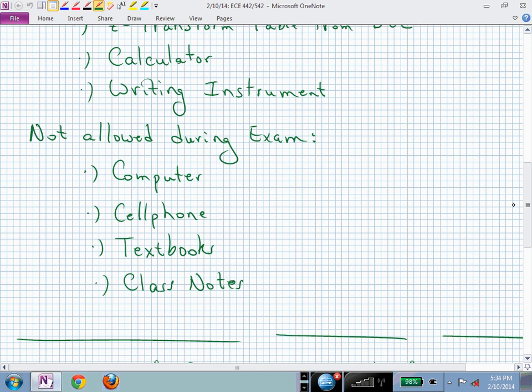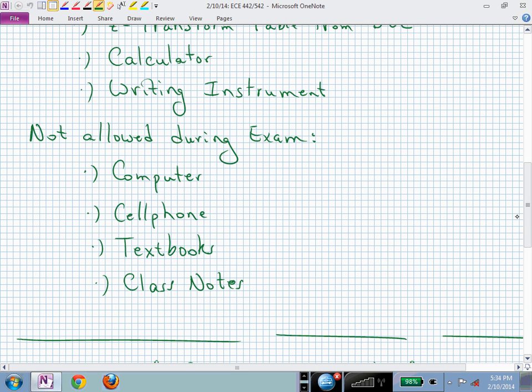What's not allowed, you can't have a computer, a cell phone, textbooks. We don't have a textbook for this class, but there are textbooks out there that you could bring. Don't bring them, or don't put them on the desk. We don't have enough table space, basically. This classroom will probably be packed once everyone shows up for one lecture or an exam.